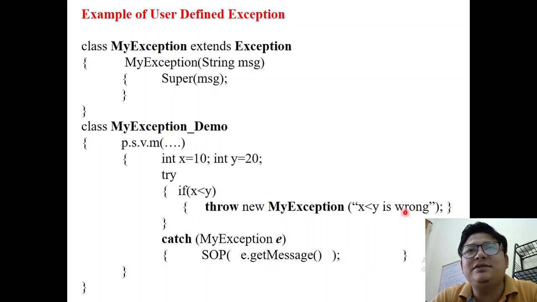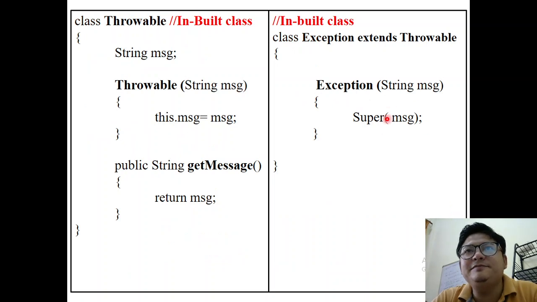So the string will get initialized in the MSG string of MyException, which will further pass this string onto Exception, and this Exception will further pass the same message to Throwable, and Throwable will initialize the MSG instance variable.